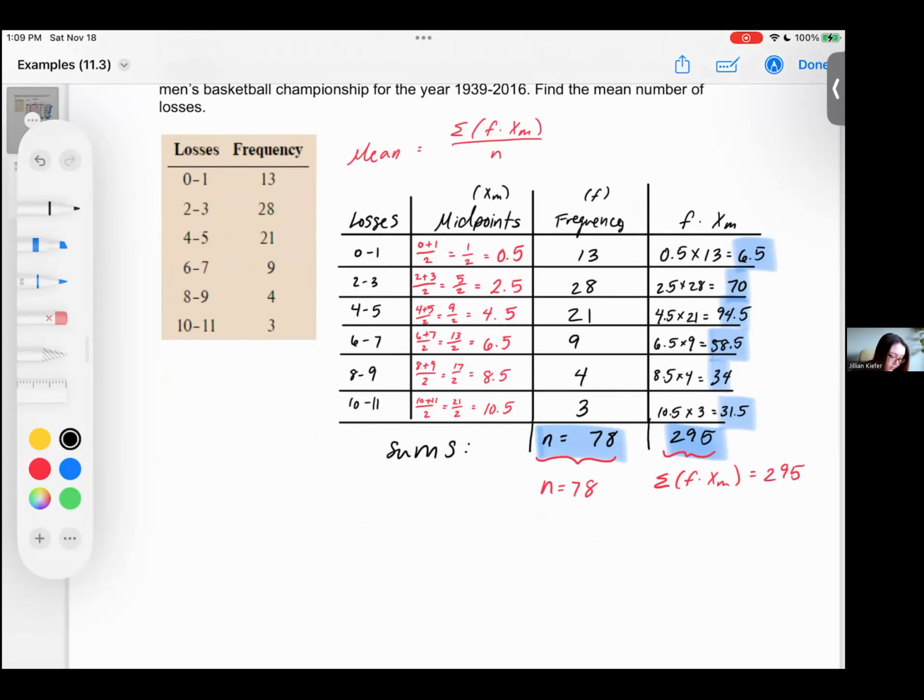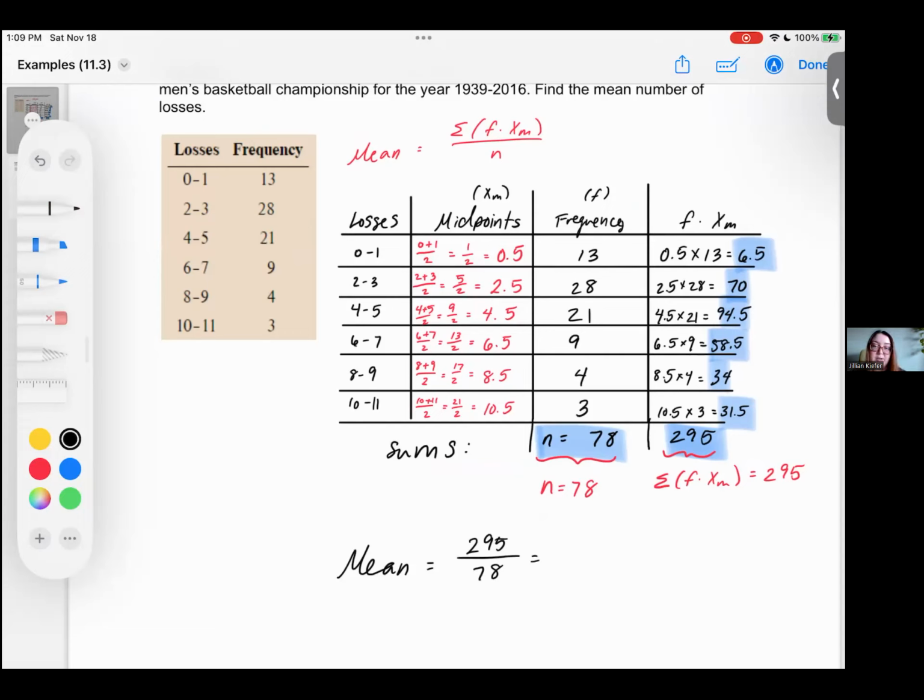So to find our mean, we said it was the sum of the frequencies times the midpoints, which we know is 295, divided by the total number of frequencies, which for us is 78.